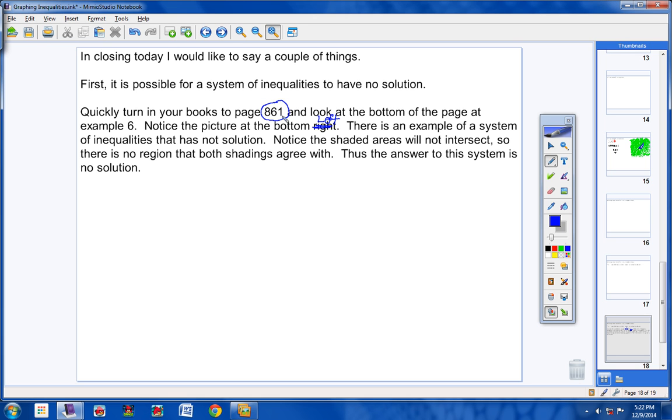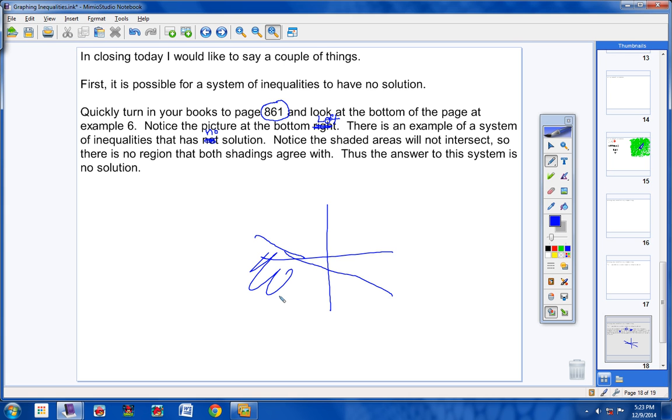Look at example number 6 at the bottom, and then look to the left, okay? Now, there is an example right there. You'll see an example of a system of inequalities that has no solution. Notice the shaded areas will not intersect. Do you see it, guys? There's the coordinate plane. There's a dotted line like this.